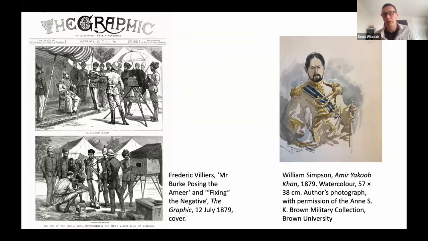Bodies were harnessed to pose under conditions of really quite significant violence and stress. And they watched as images of themselves were produced under the shadow of conflict, knowing that the resulting print or engraving would ultimately circulate in global networks.